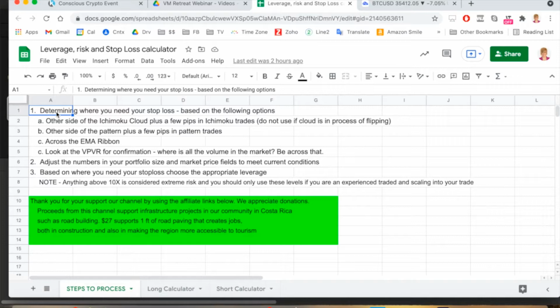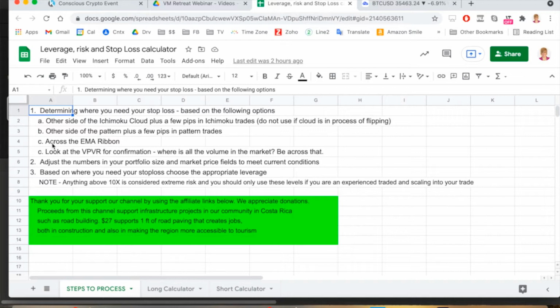The first thing you want to do is determine where you need to place your stop loss. There are several options for this. Nicola and I have done a different video on this, showing many of the options for figuring out where you want to put your stop loss. I've listed my favorites here. Option A is you use the other side of the Ichimoku cloud, plus you probably add a few extra pips. You can use the other side of the pattern you're trading, so if the pattern breaks up, your stop loss would go below the pattern.